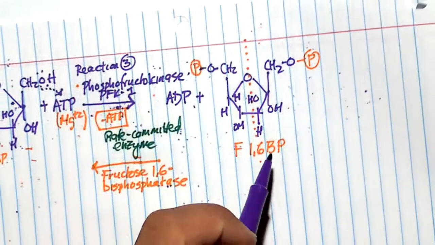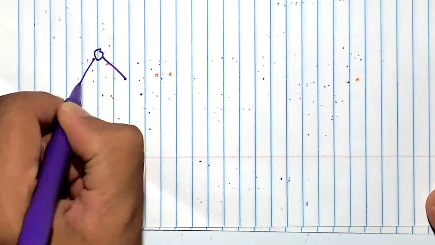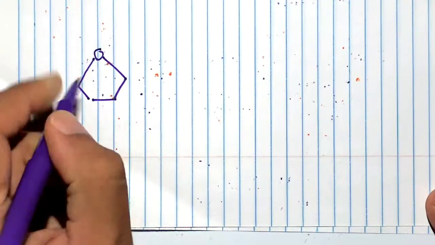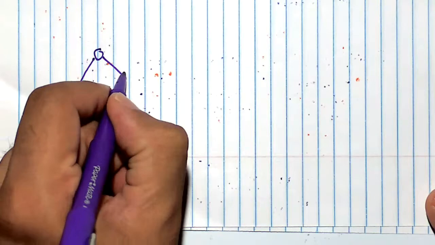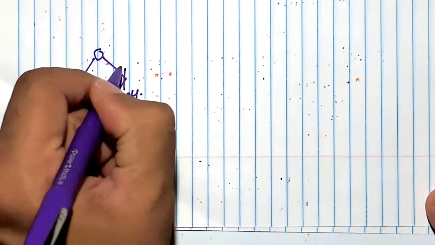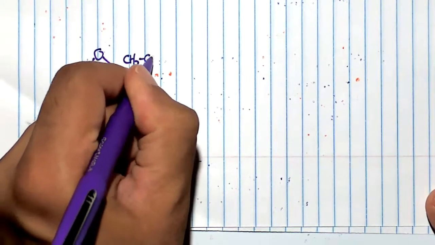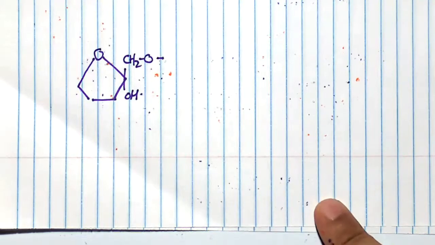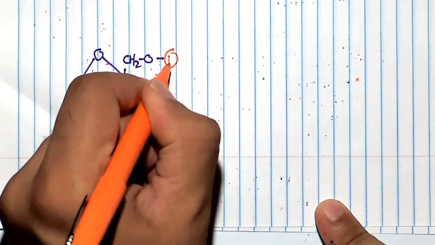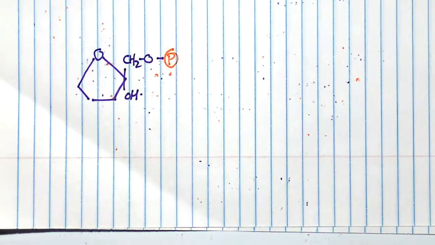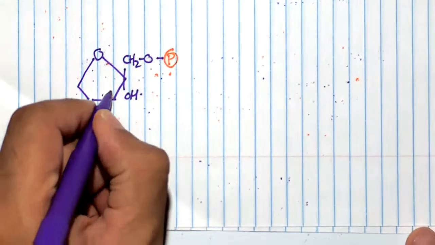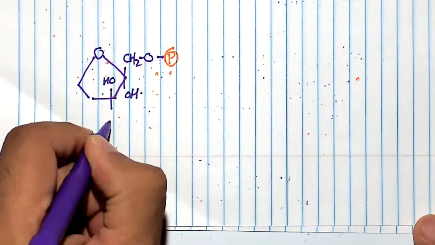So let's do this again. Fructose 1,6-bisphosphate is going to be the substrate for reaction 4 of glycolysis. So bear with me. Appreciate your patience as I draw the structures, but I think drawing this out should be good to see where stuff goes and how stuff enters and leaves this pathway, glycolysis.